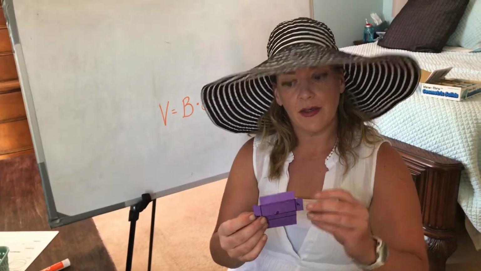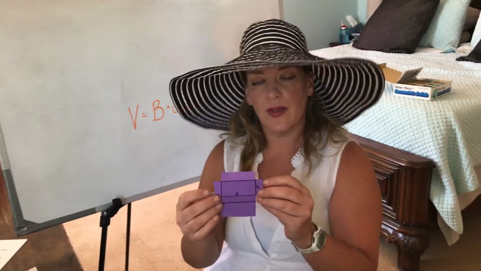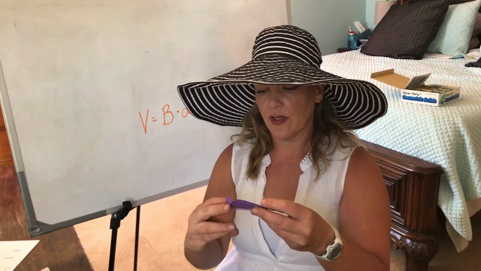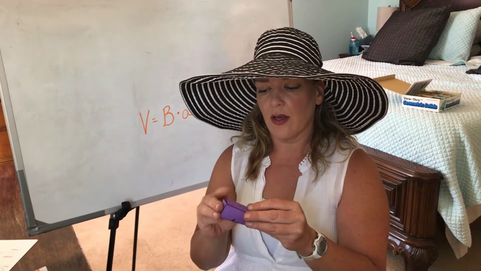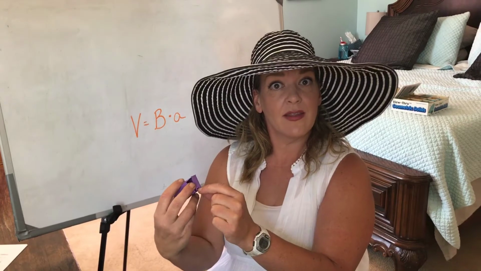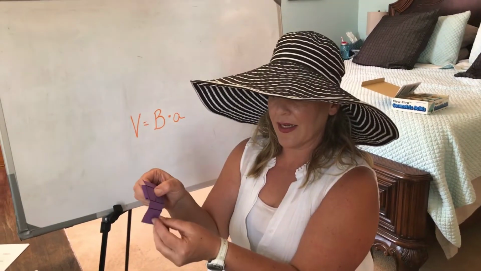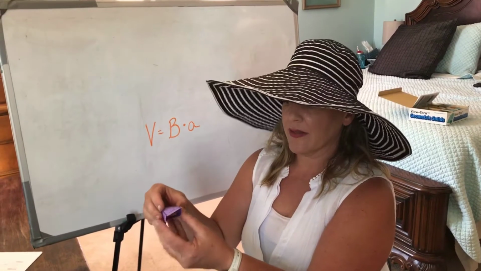So for this rectangular prism, it looks like this when it's a 3D object, but this is the net we have made. And when you look at it, we have designated this length times this width as the area of this base. And this base is parallel to the other base.